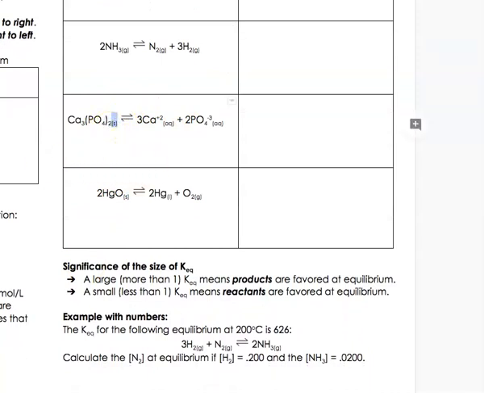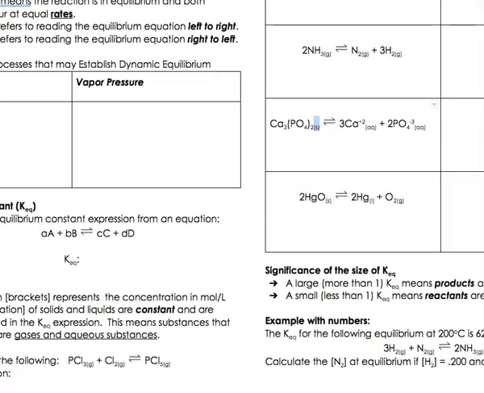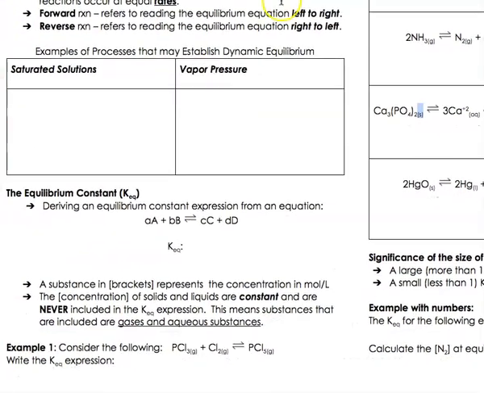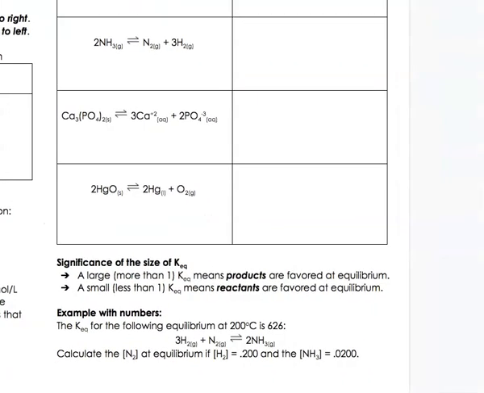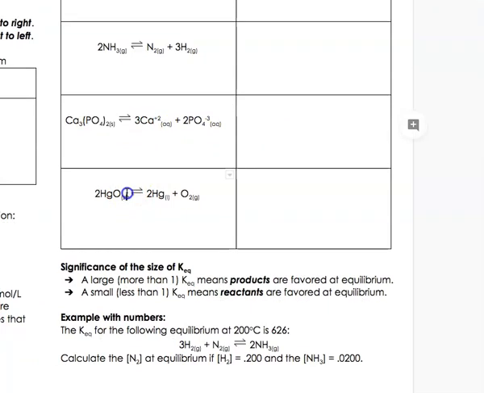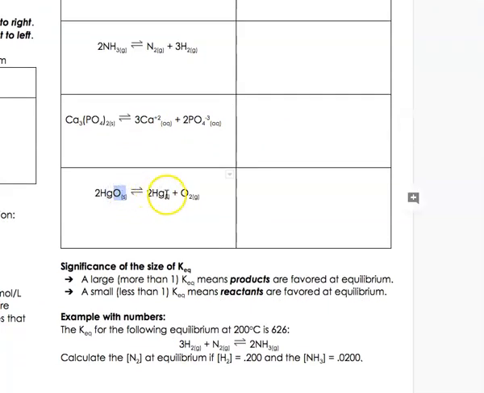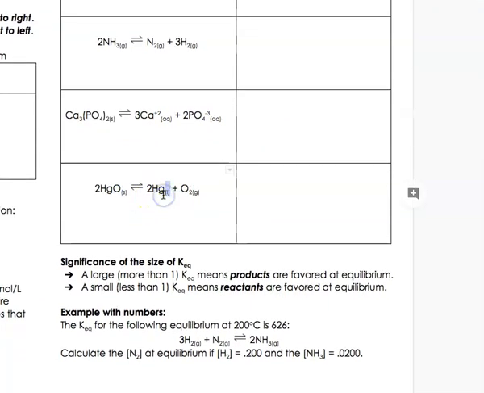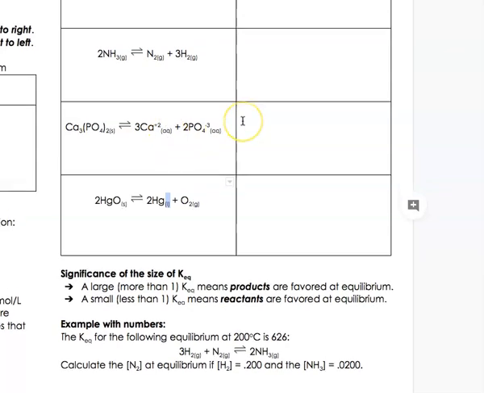So if you look at the rules, let me move this here. The rule says right here that solids and liquids are constant. They're not included. So you're going to ignore the solid. You're going to ignore this solid as well. You're also going to ignore this liquid. Okay, so just keep that in mind.